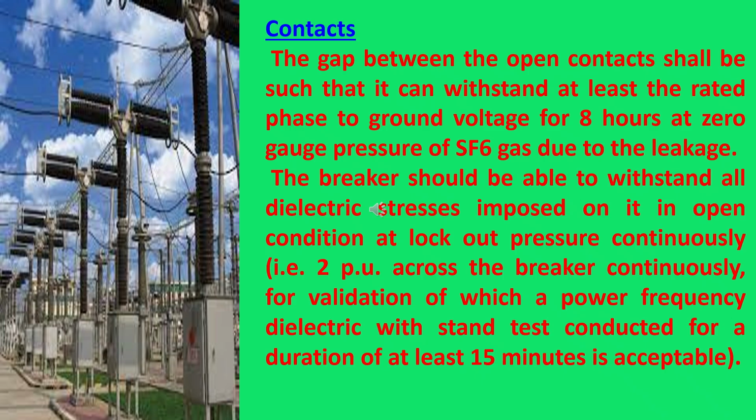The breaker should be able to withstand all dielectric stress imposed on it in open condition at lockout pressure continuously. That is 2 pu across the breaker continuously, for validation of which a power frequency dielectric withstand test conducted for a duration of at least 15 minutes is acceptable.